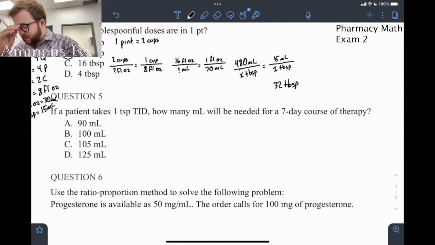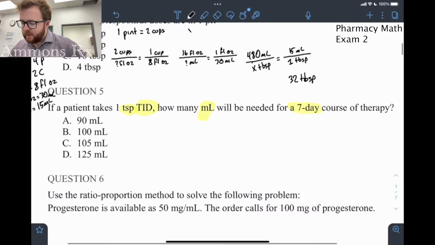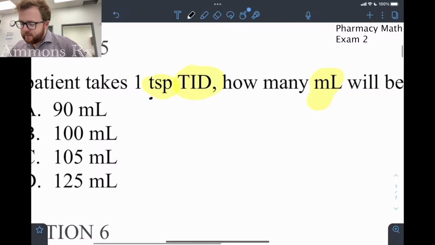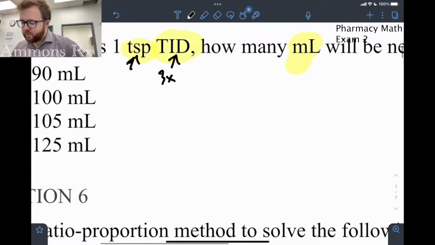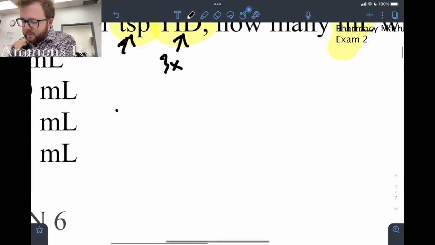If a patient takes 1 TSP, so remind yourself what TSP means, TID, how many mils will be needed for a 7-day course of therapy? Teaspoon, and 3 times. So he takes 1 teaspoon 3 times a day. How many teaspoons does he take in a day? 3 teaspoons.